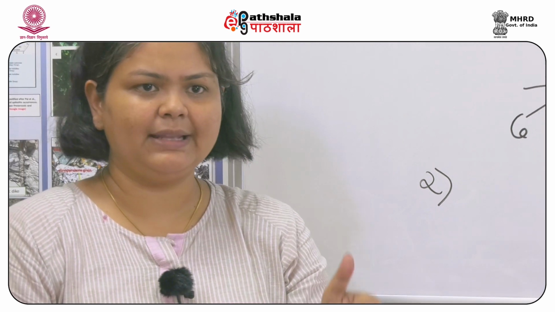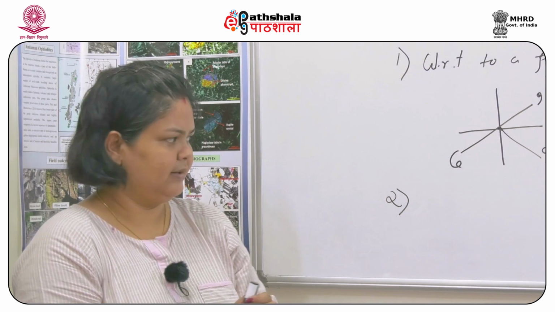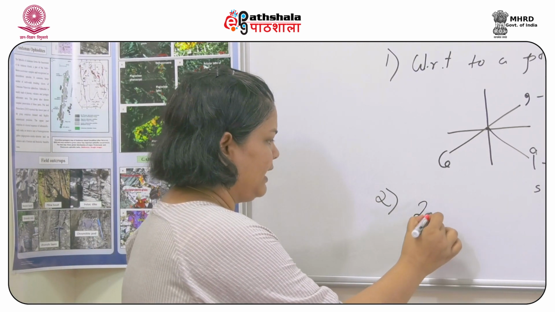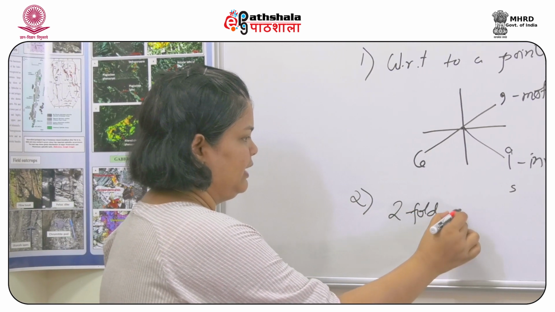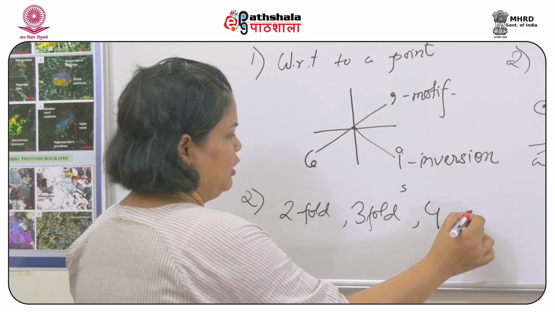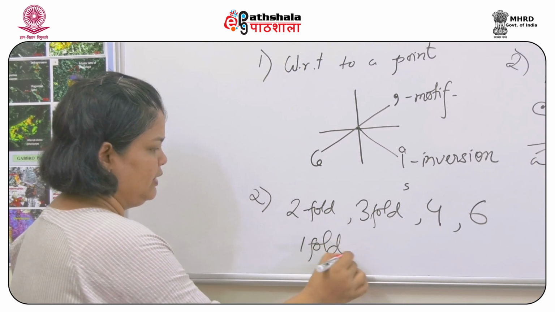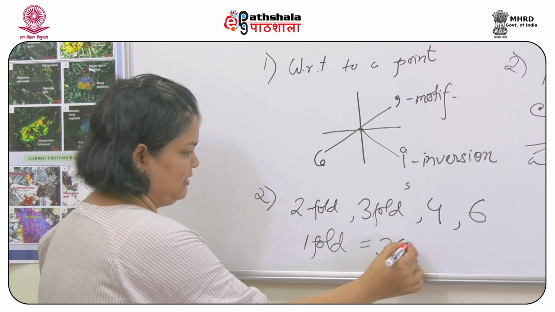Basically, we repeat the crystal faces by rotating it. We have two-fold, three-fold, four-fold, six-fold, and one-fold axes of symmetry. One-fold is nothing but repeating it by 360 degrees.